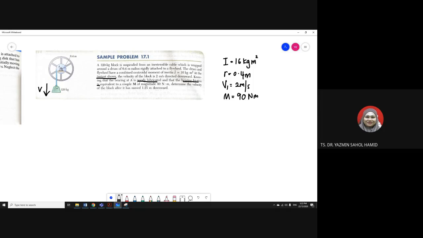If the block is going down, should the wheel be going clockwise or anti-clockwise? Anti-clockwise. So omega is in this direction, anti-clockwise, because the block is going down.